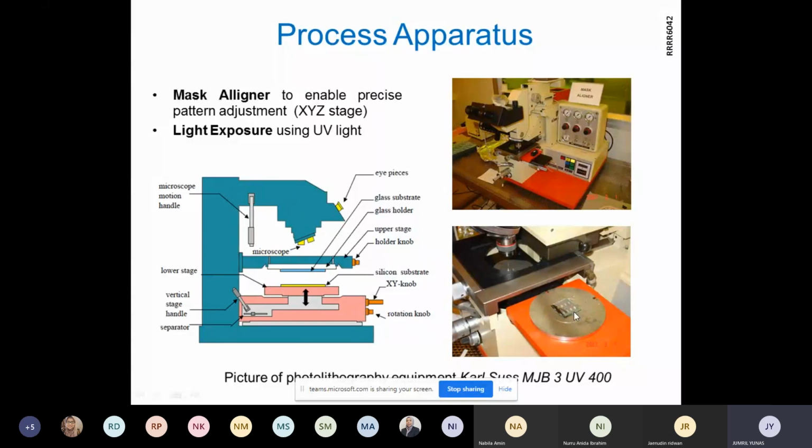So we can put our sample inside the adjustment system, and it will be contacted with the mask. We also have some buttons to adjust the vacuum system. This equipment is located in our clean room.